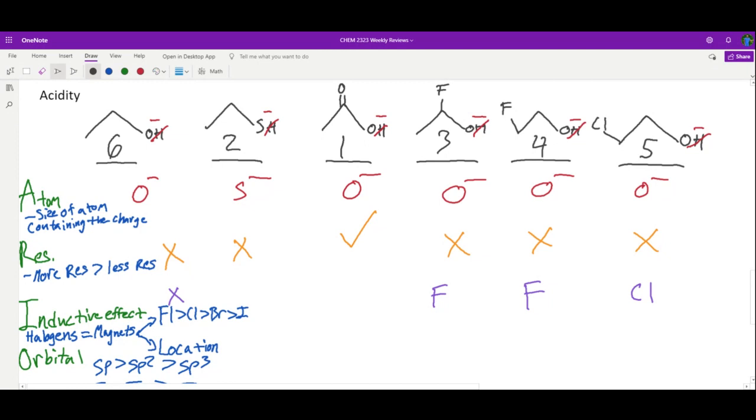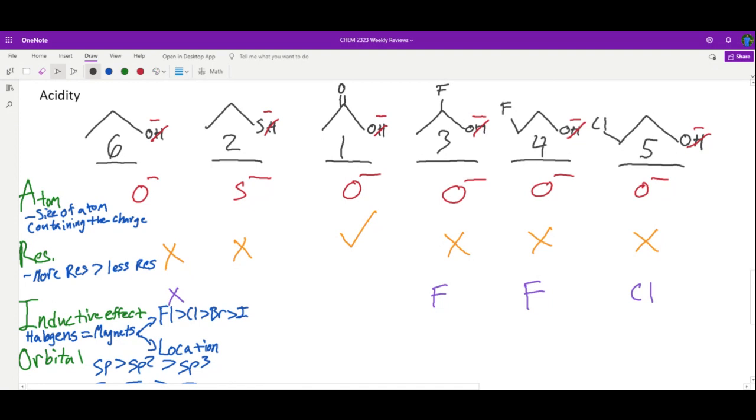Okay. And orbital, we didn't even need to worry about because within resonance, atom, and inductive effect, we were able to distinguish which one is number 1 and which one is number 6 and everything in between. Okay? So this is an acidity ranking problem that I explained ARYO, the acronym.